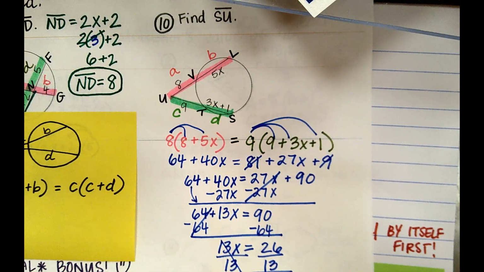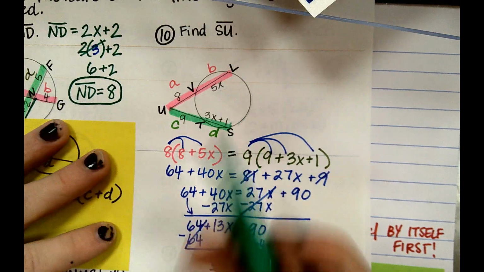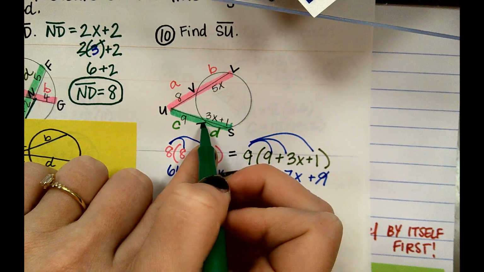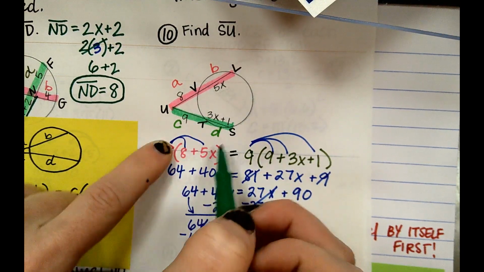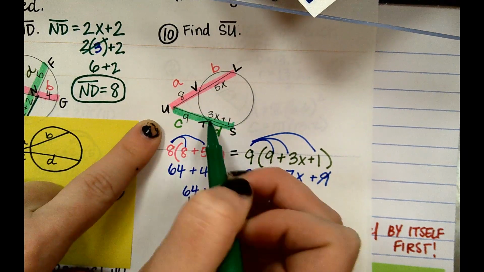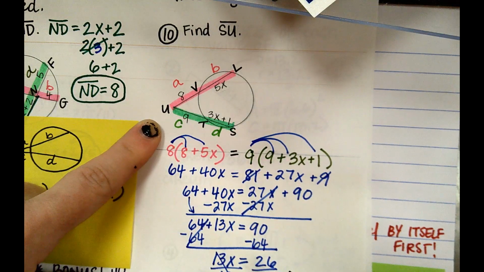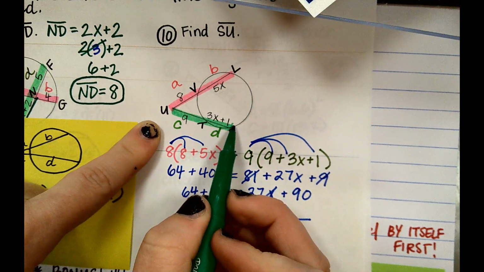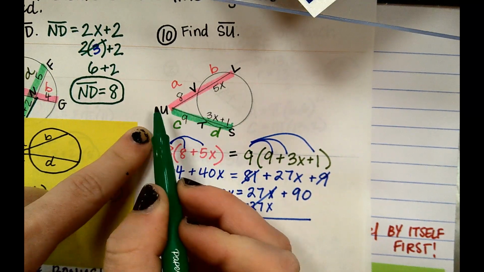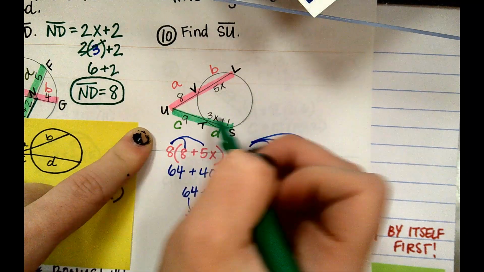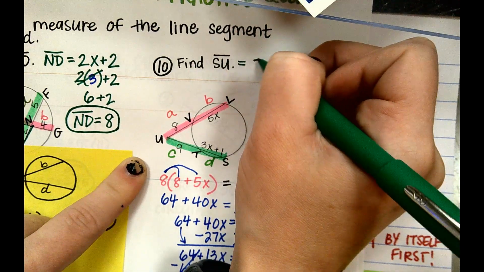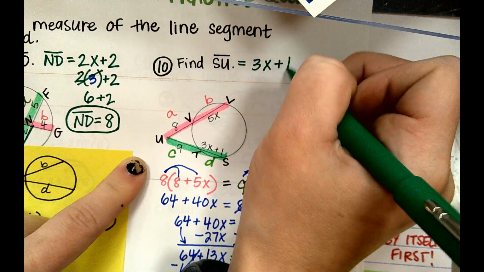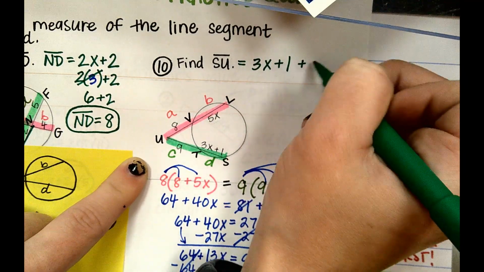This is all the way back to Unit 1, where we did the segment addition postulate. If I know that ST is 3x plus 1, and I know that TU is 9, then I know that SU is 3x plus 1 plus 9. Or I could just say everything that's on this line from S to U I add together. So SU equals 3x plus 1 plus 9.